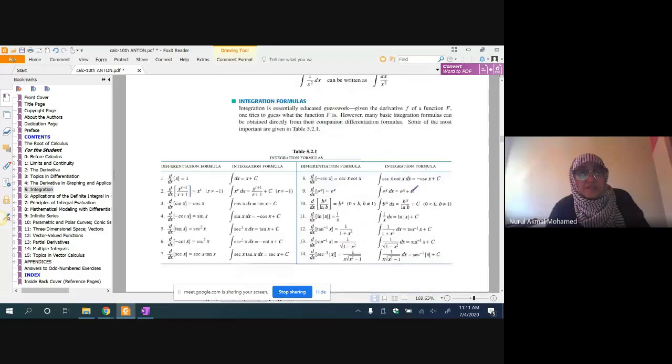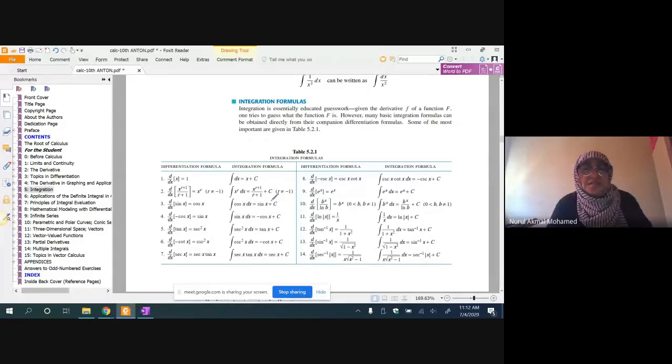And these are several integration formulas. It's just the inverse operation of derivative. If you know that the derivative of x is equal to 1, it means that the integration of 1 will be x plus c. And since you already know that the derivative of sine x is equal to cos x, it means that the integration of cos x will be sine x plus c.